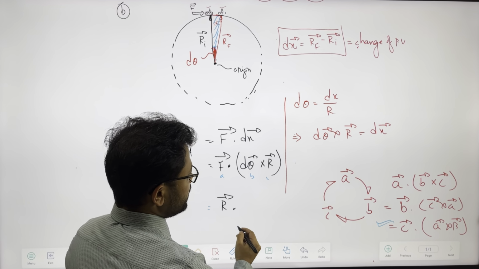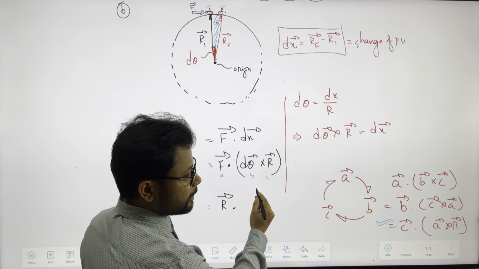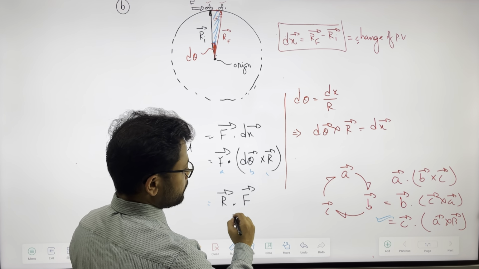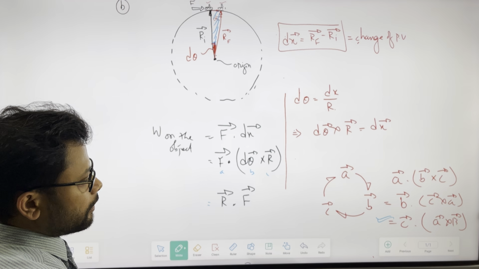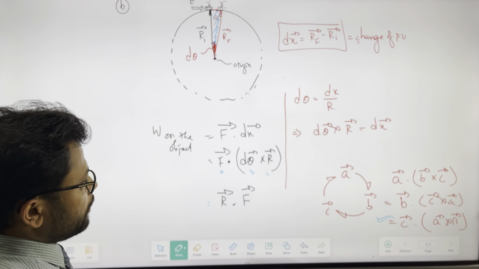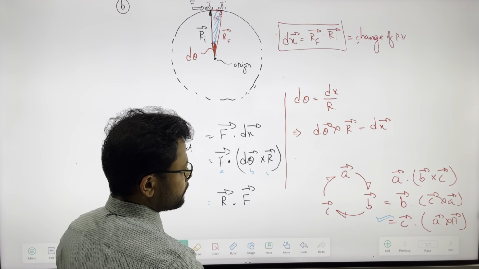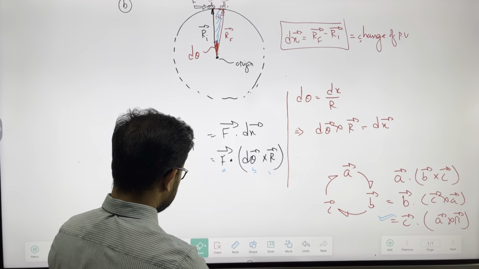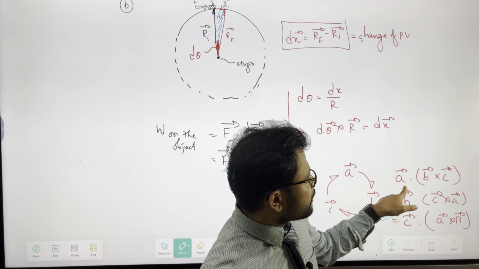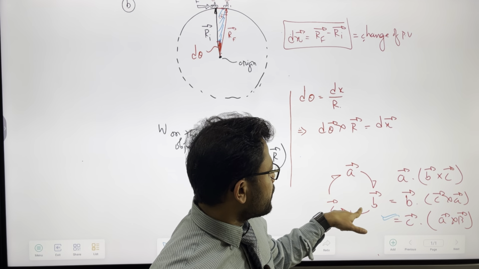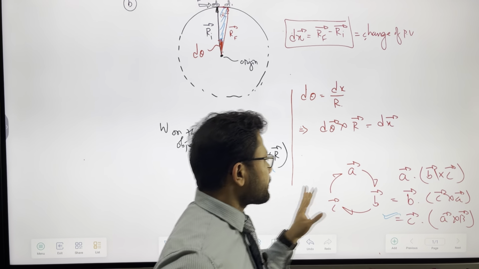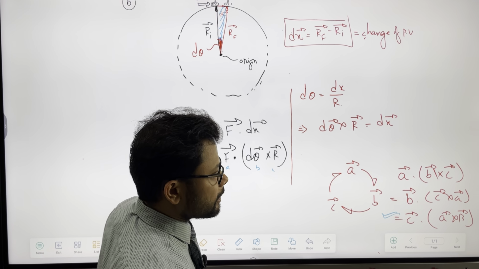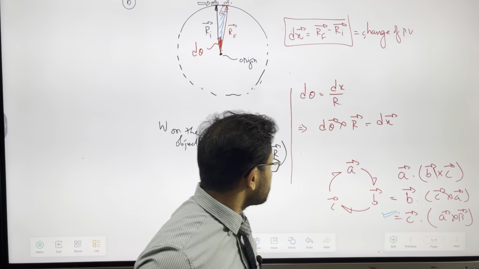So in place of d theta, A cross B, right? Somehow we have to write it in this form: C vector dot A vector cross B vector.